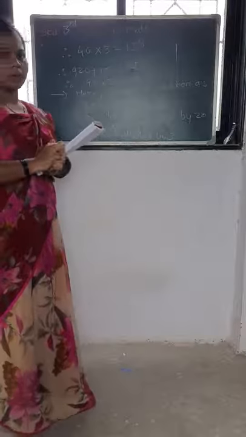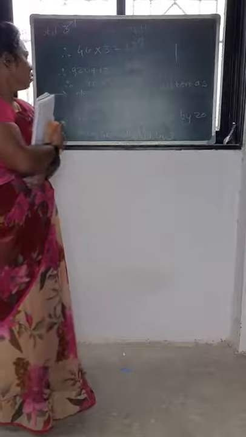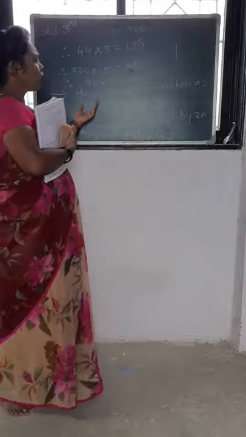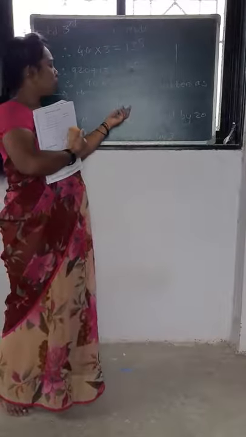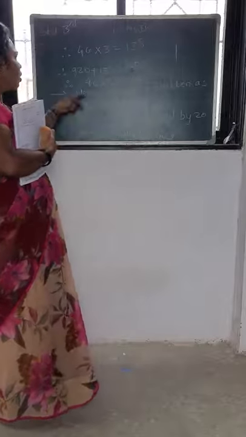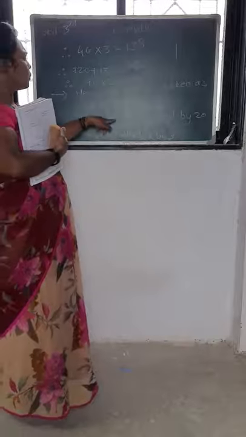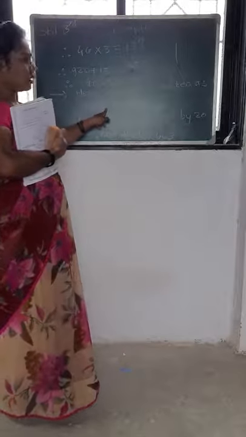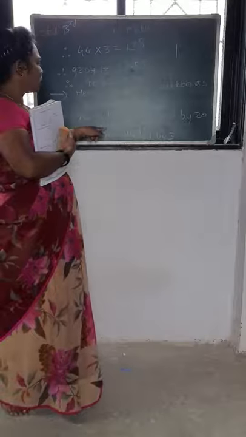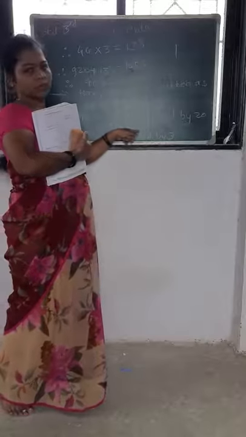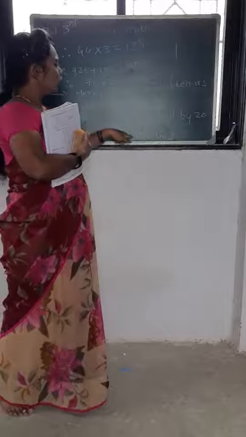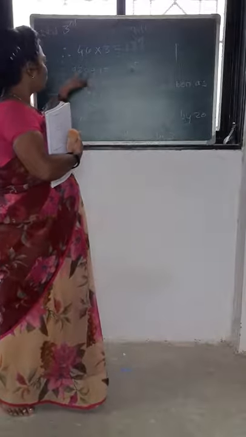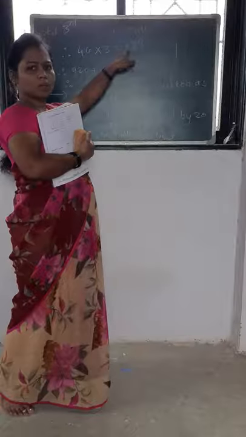Firstly, in this example, 23 can be written as 23 is equal to 20 plus 3. Then 46 is first multiplied by 20, which is 920. Then secondly 46 multiplied by 3 is 138.